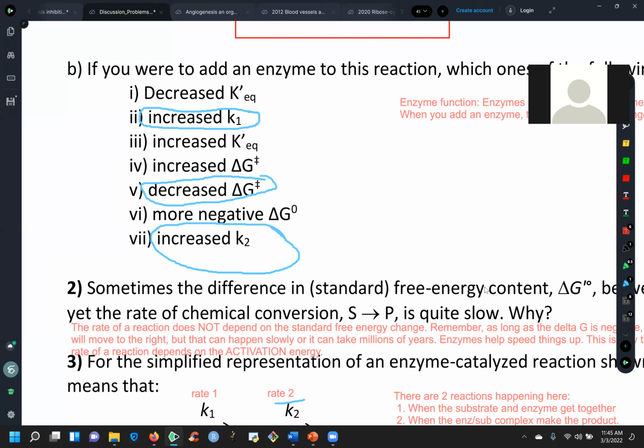When delta G is negative, reactions are energetically favorable. They happen spontaneously.